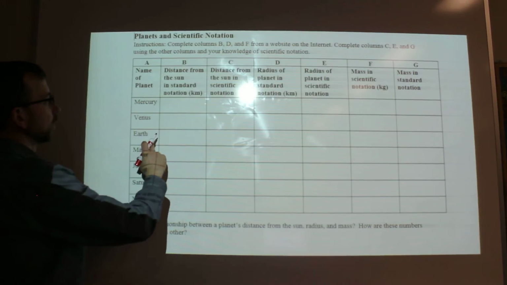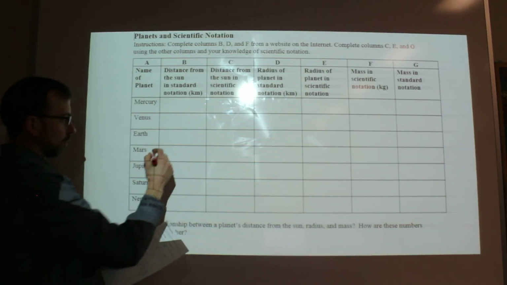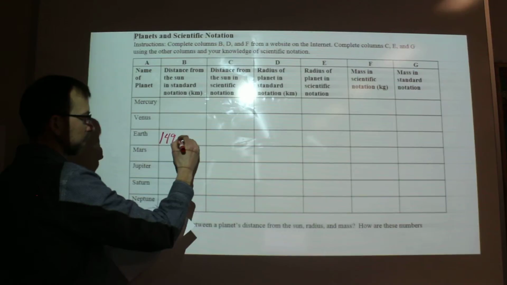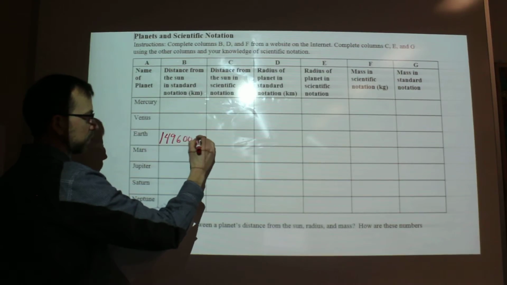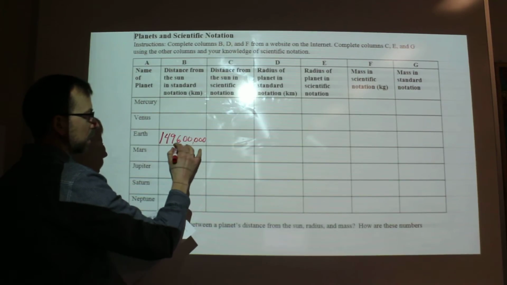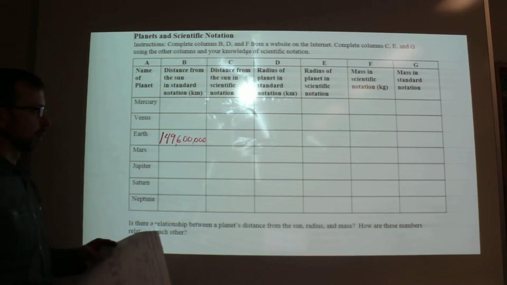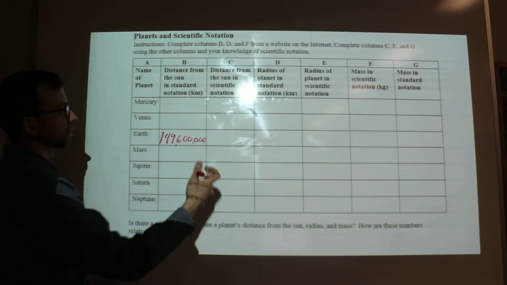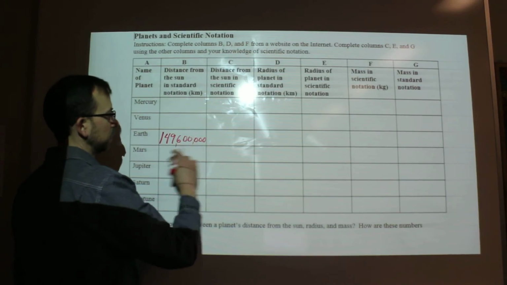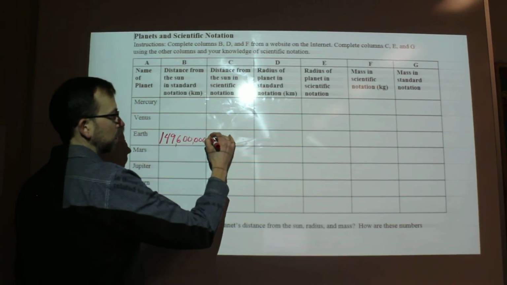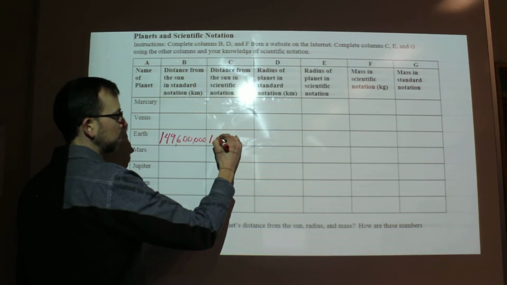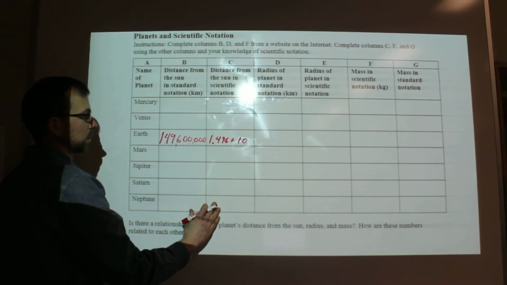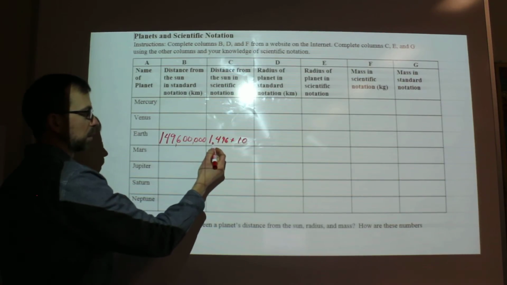How far is the Earth from the sun? Well, the Earth is 149,600,000 kilometers from the sun. So there's my really, really big number. How do I take that into scientific notation? Well, you put the number with the one decimal, 1.496 times 10. And then how do I get the decimal into that position?